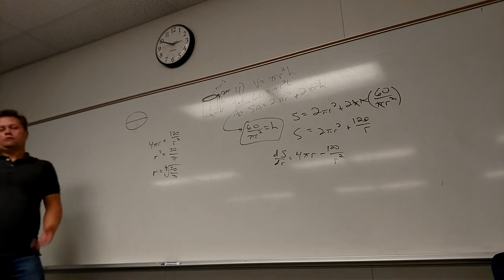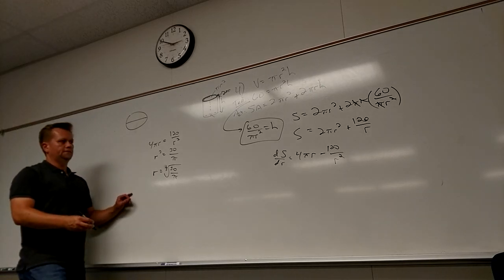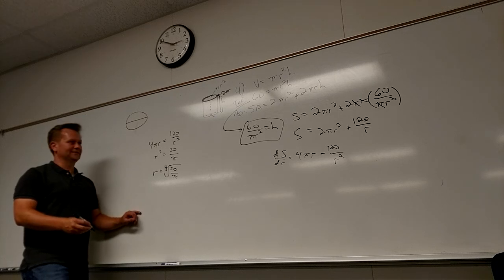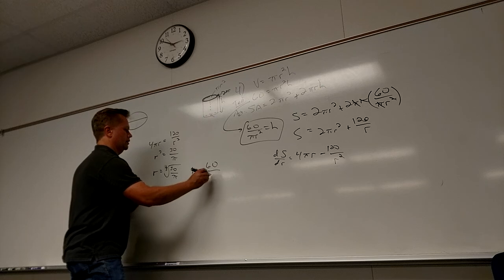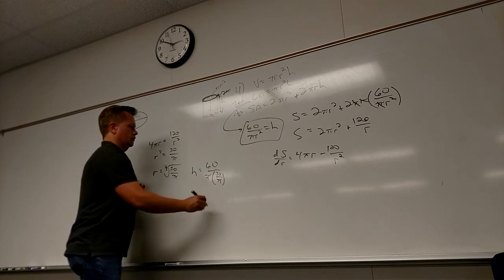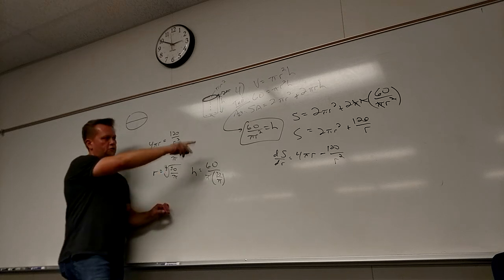That's gross. So the height would be 60 over pi times this thing, the 1/3 squared, so the 2/3.